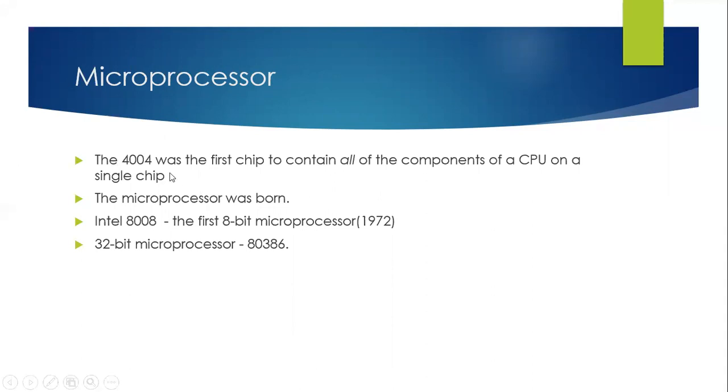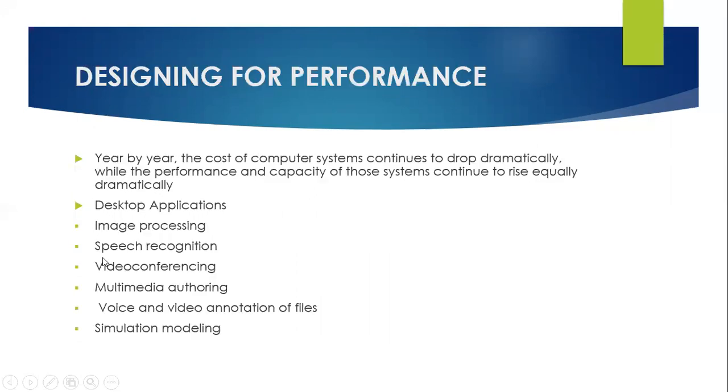The 4004 was the first chip to contain all the components of a CPU on a single chip. Intel 8008 was the first 8-bit microprocessor, and it was invented in 1972. And 80386 is a 32-bit microprocessor.